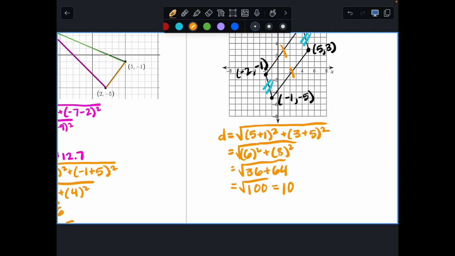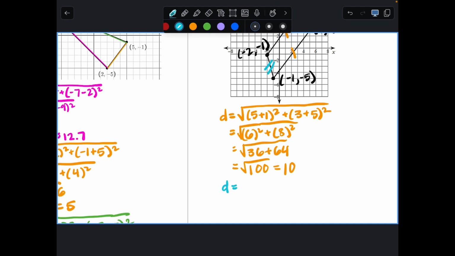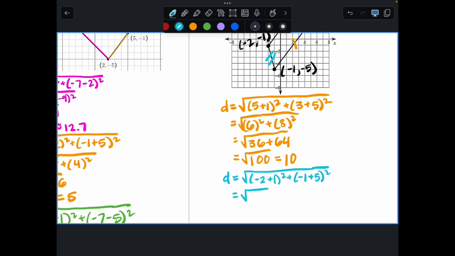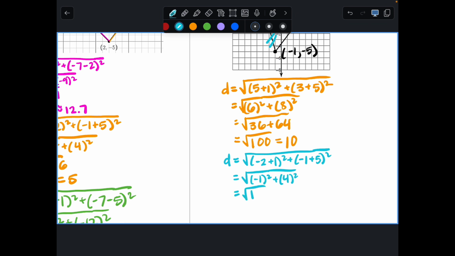All right, let's calculate the distance or the length of the shorter side. So this will be 4.1.